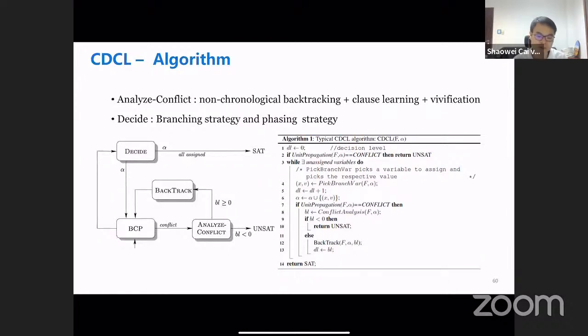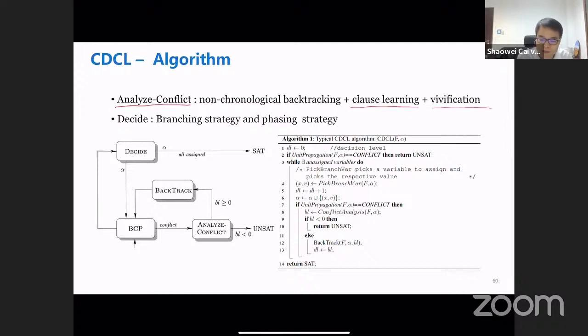Okay, after we introduce the key concepts of CDCL, we are now ready to see the framework of this algorithm. This algorithm has two core components. The first part is conflict analysis. In this part, we analyze the conflict, we learn the clause, and maybe we simplify the clause.